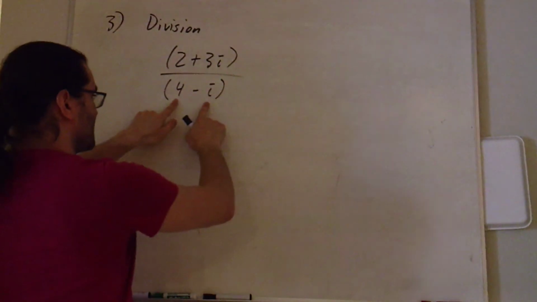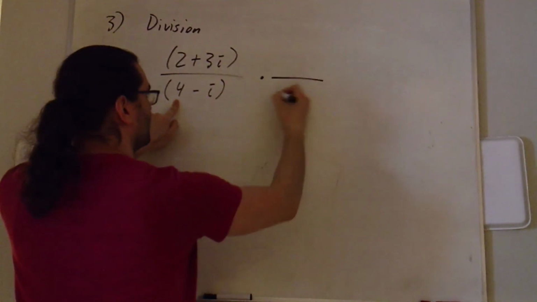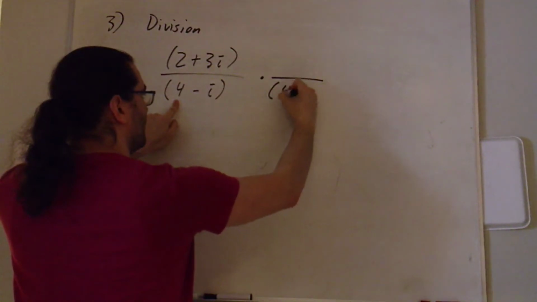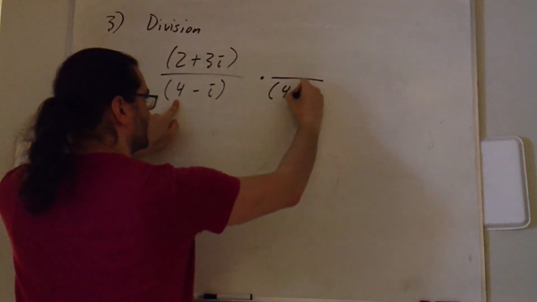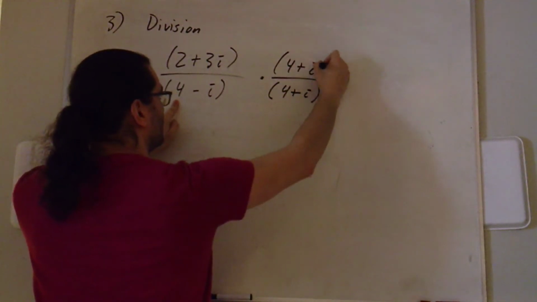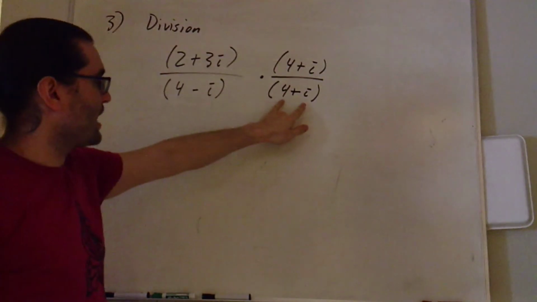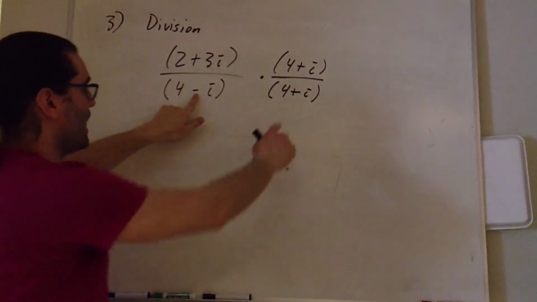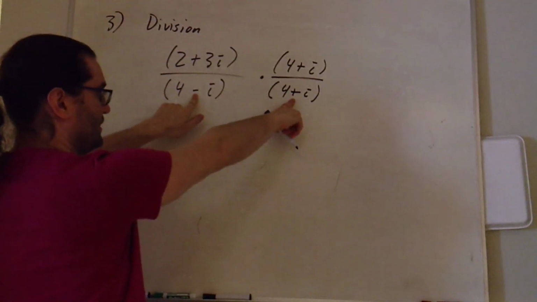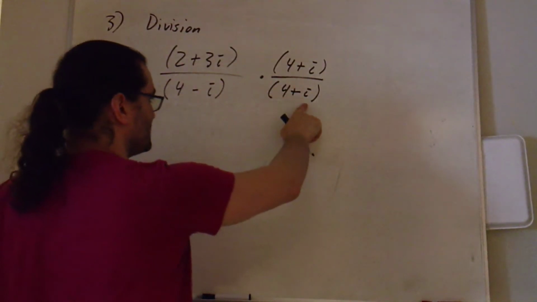You take this thing on the bottom, you multiply this fraction, top and bottom, by the conjugate. So the conjugate is the same number, but with the opposite operation here. So if this is 4 minus i, the conjugate is 4 plus i.